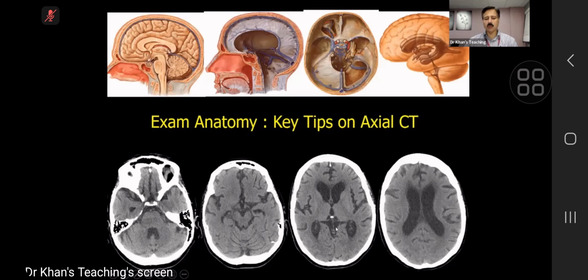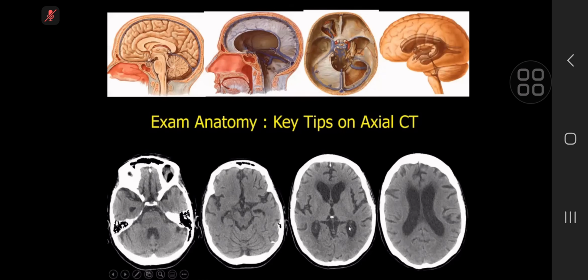So coming back to the ventricles, and this is the point which I was making. Here, this is the frontal horn, this is the body, and this is the trigone. Slightly inferiorly, frontal horn, foramen of Monro, third ventricle, trigones are still there.